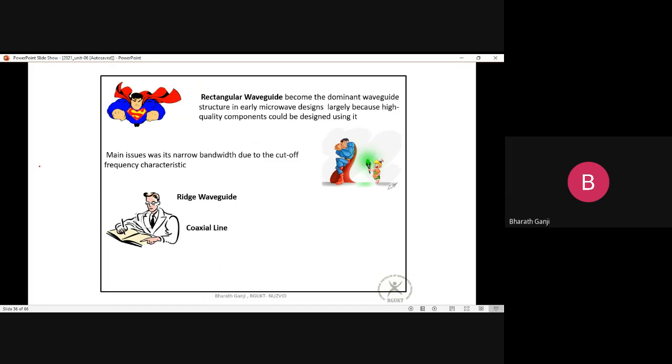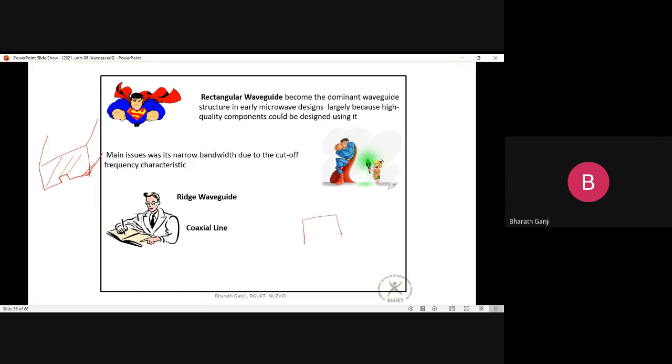So a ridged waveguide is nothing but, if this is a rectangular waveguide, a rectangular surface is used. A ridged waveguide is like you tamper with the surface. If you take the surface and beat it like this, that means you placed a ridge at the bottom. So your waveguide looks like this. And of course on the top you have a ridge too, so this is a ridged waveguide.